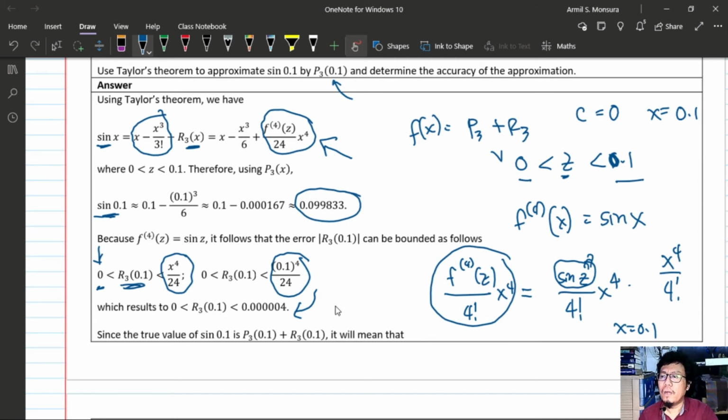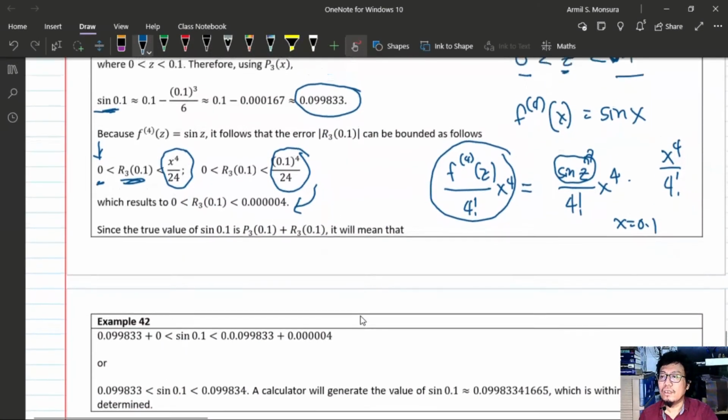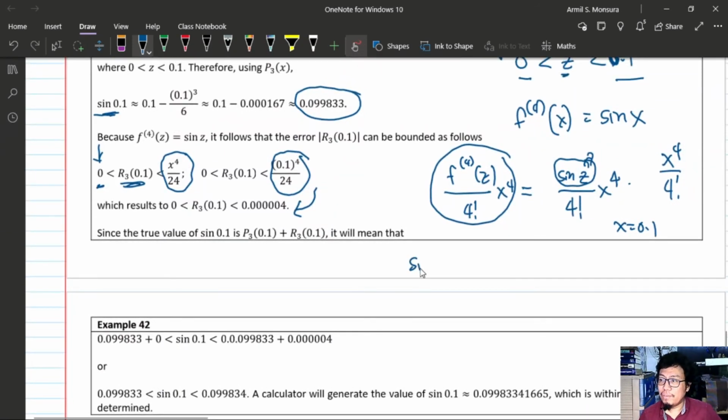Now, the actual value of your sine 0.1 would lie between the approximate value, 0.099833, plus the lower bound for your error, which is 0, and 0.099833 plus the upper bound of your error, which is 0.000004.